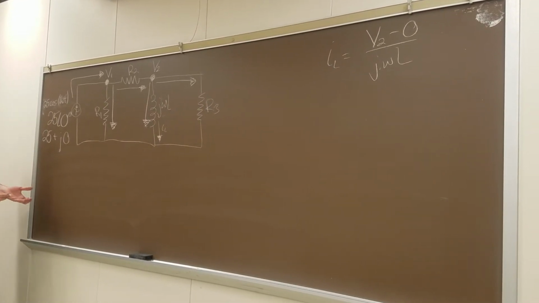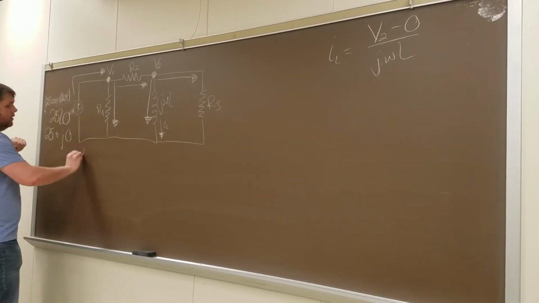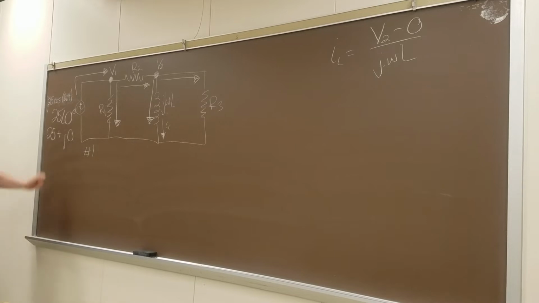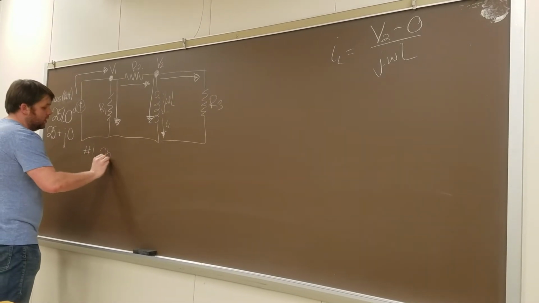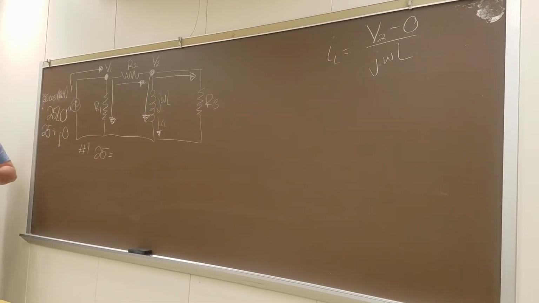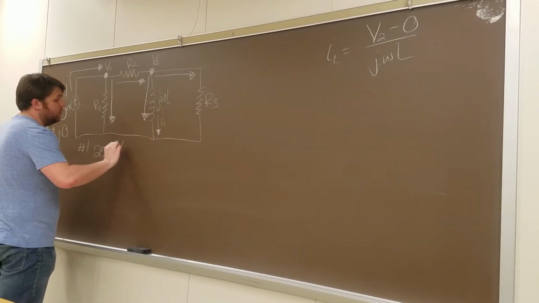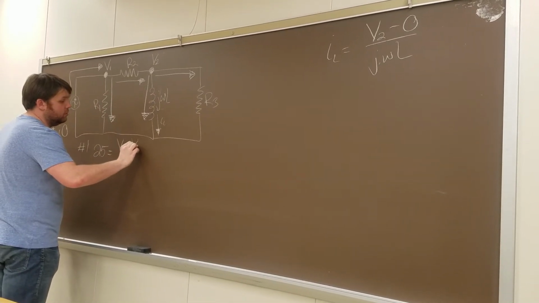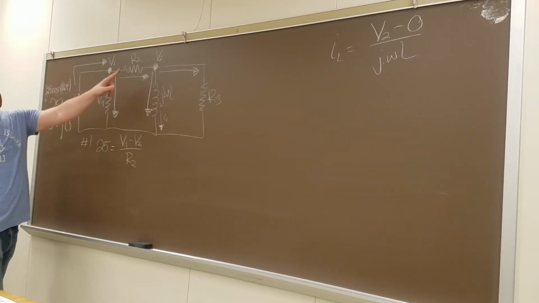Okay? So what I have, starting from here, over 1. I get my current coming in is only my 25. That's my only current coming in. So 25, I'm working in rectangle because I'm just going to put it into MATLAB later. That is equal to V1 minus V2 over R2 from here to there.